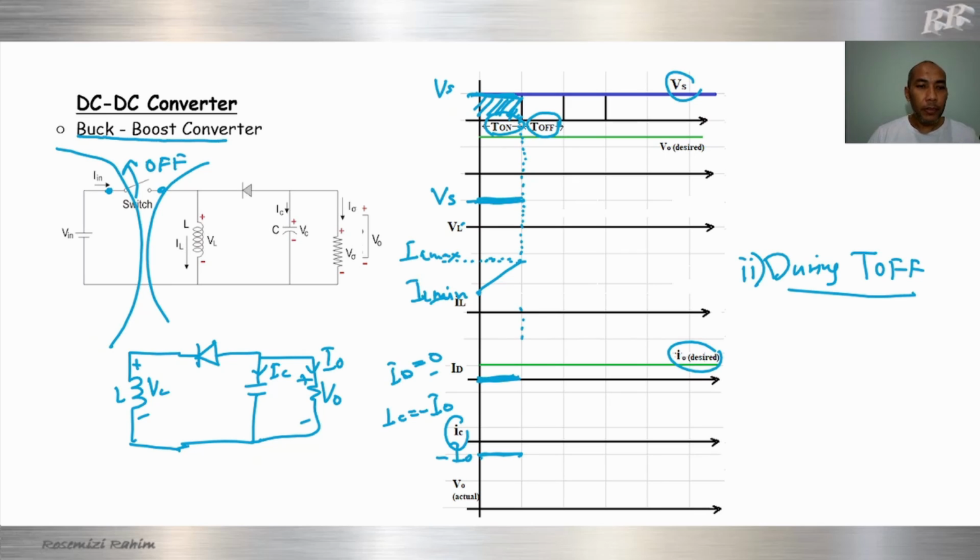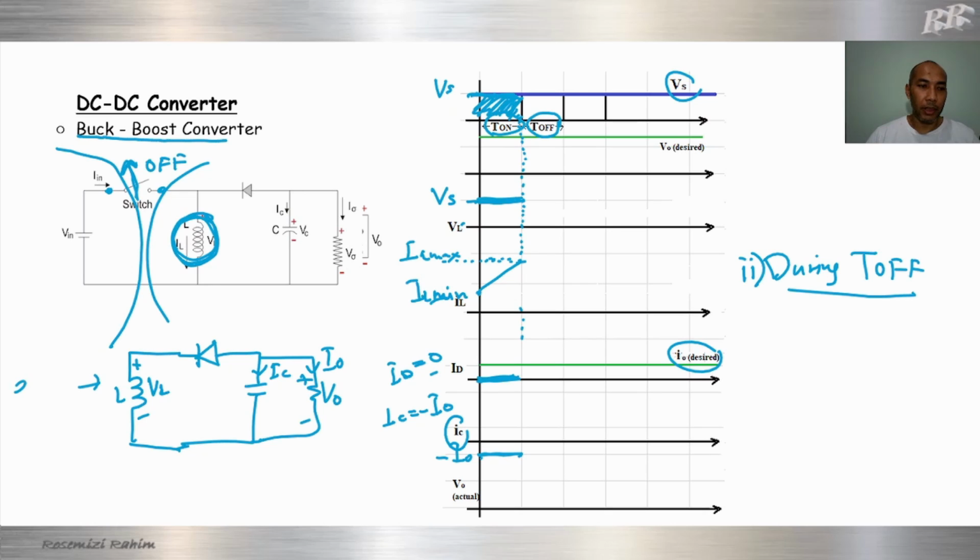Previously, during T on, the inductor was charging. Now during T off, when we remove the switch, the energy stored in the inductor will discharge.